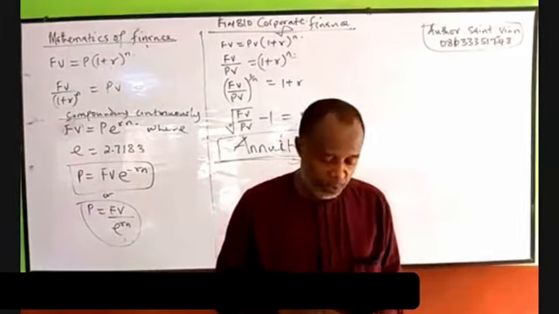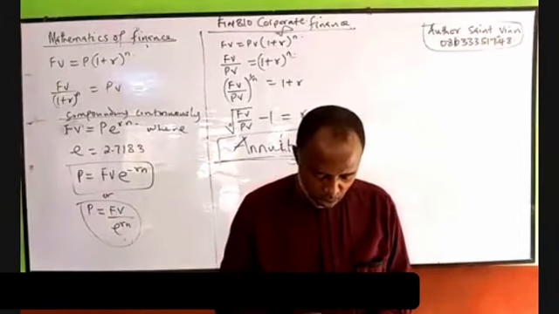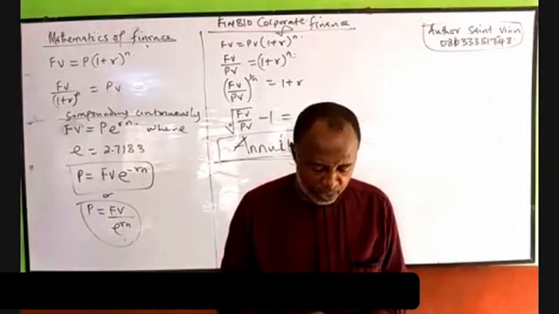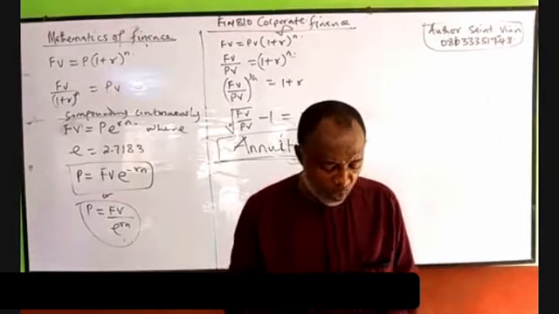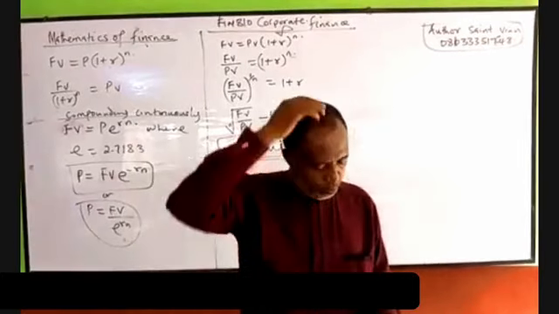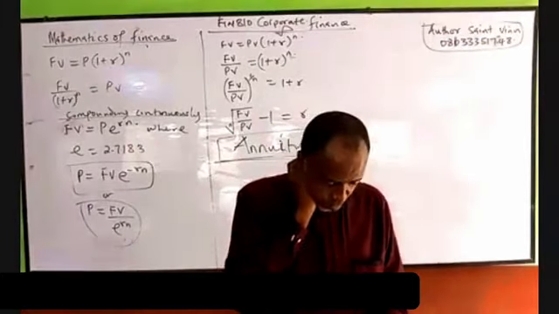And there are two types of annuity. Full stop. It could be ordinary annuity.